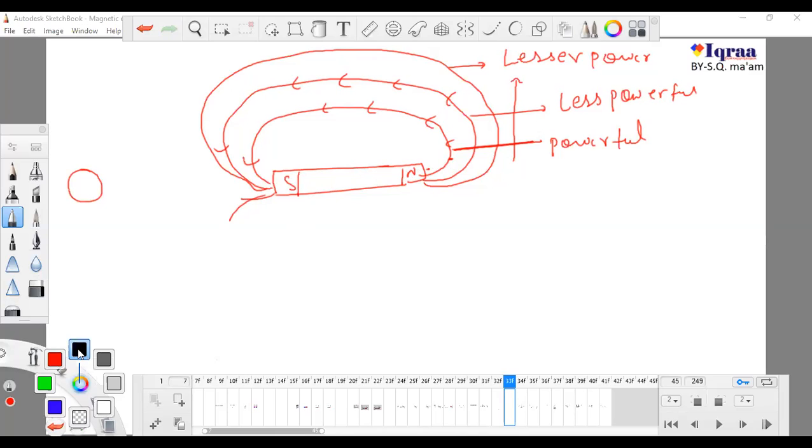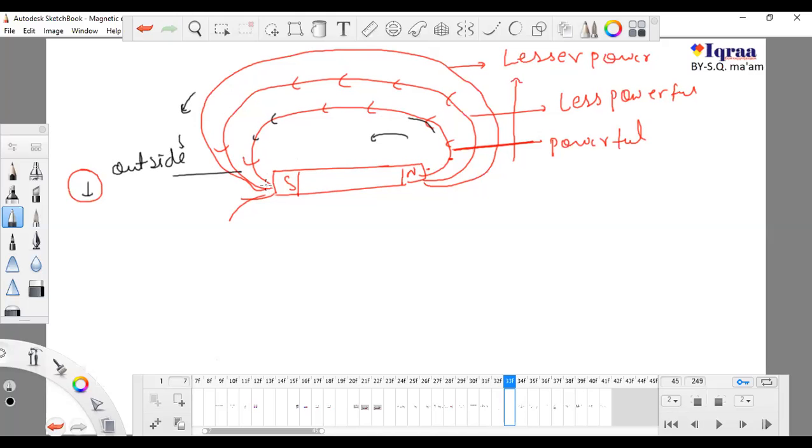So our question is that this is a magnetic field line, so it goes north to south from outside. You can see we have drawn this magnetic field line by using this compass, and how the needle deflects and shows us the direction. So this magnetic field line shows north to south outside.